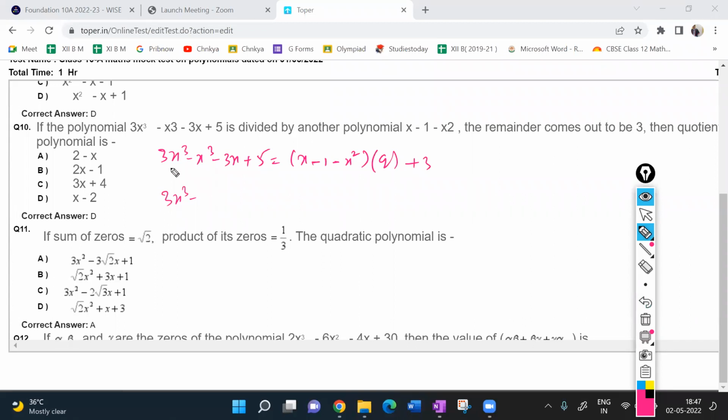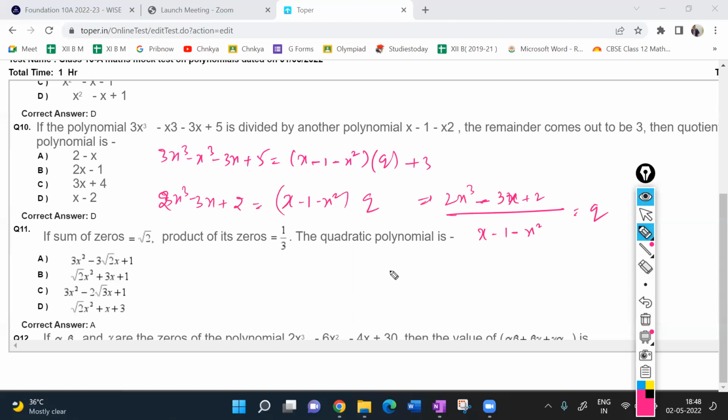Okay, no problem, let us subtract. This is 2x cube. Taking the 3 to the left-hand side, 5 minus 3 becomes 2. So 2x cube minus 3x plus 2 divided by x minus 1 minus x square is equal to the quotient. Correct?